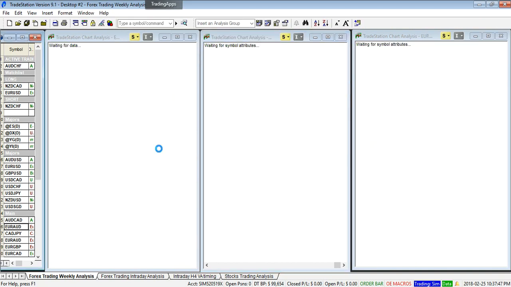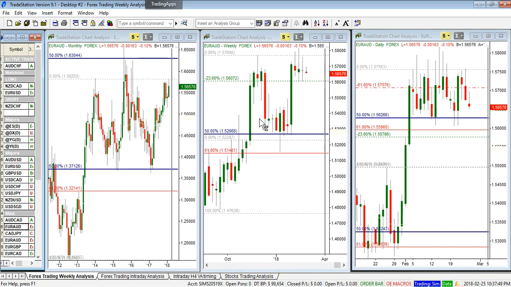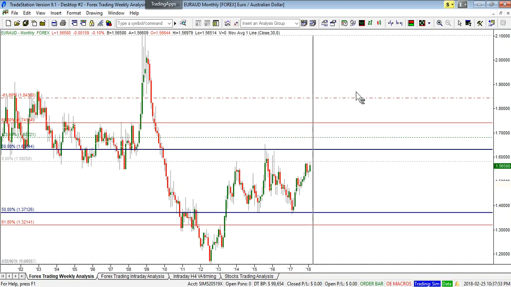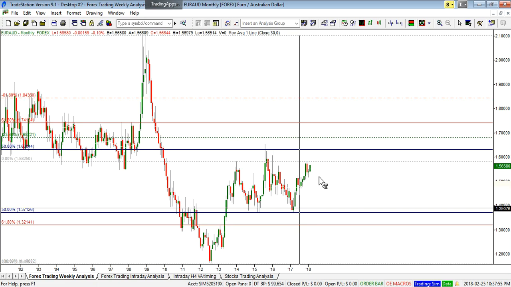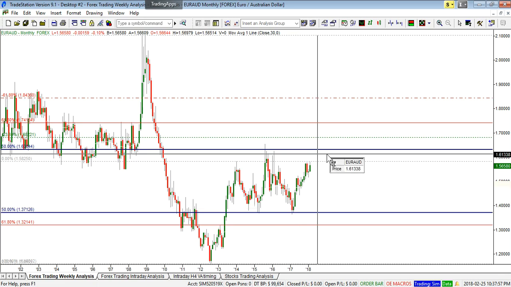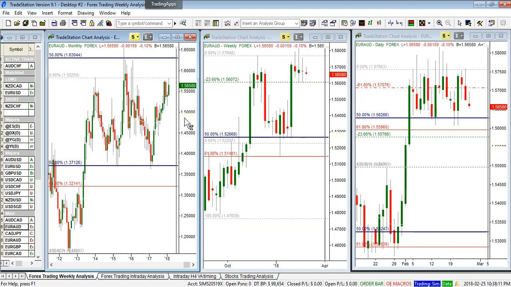Okay, Euro Australian dollar. This market shows a bullish participation here and the possibility to retest that 163.80, 163.10 area, and that's what it seems we are moving to now.